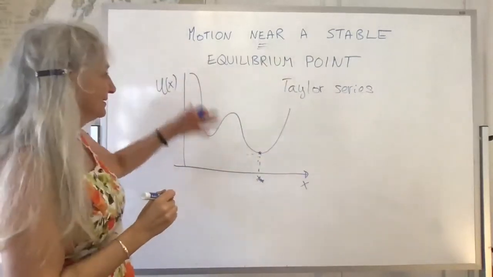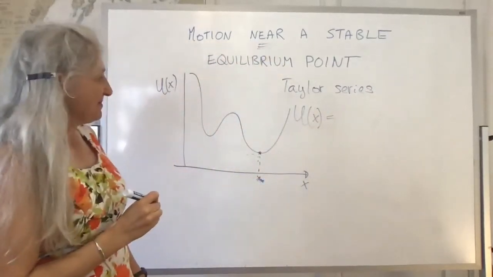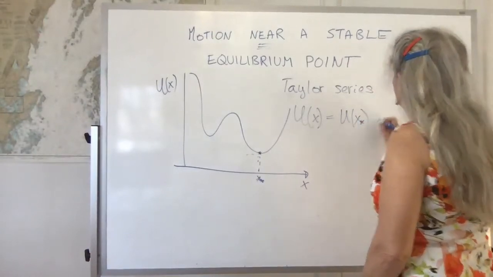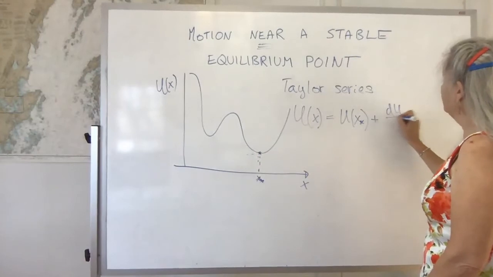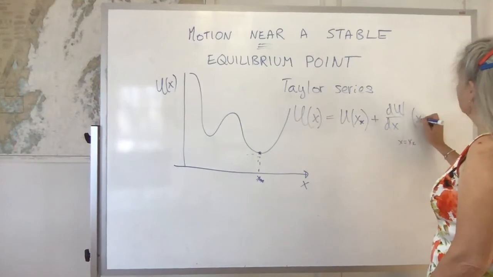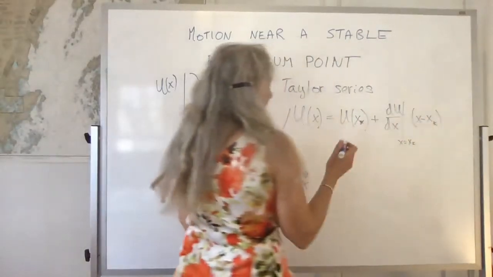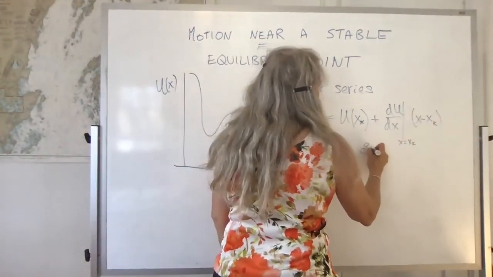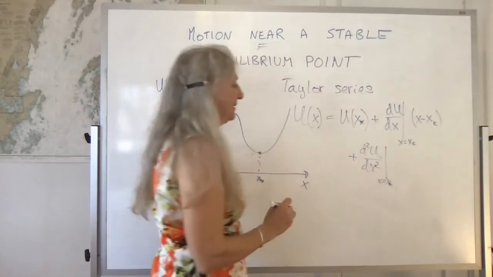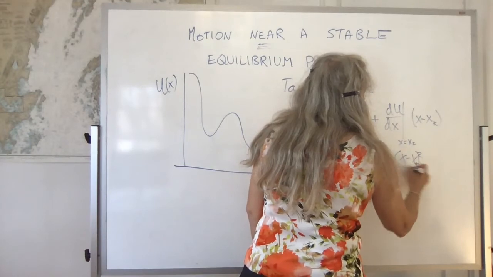To remind you what Taylor series look like, if I take U(x) and I expand it near any particular point, in this case x star, plus I take the first derivative and evaluate it at x equals x star, times the first order term, which is the distance to x star, plus the second derivative, again evaluated at the point that we're expanding around, and now we have the quadratic term divided by 2.